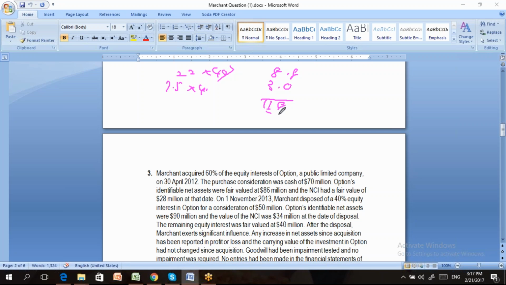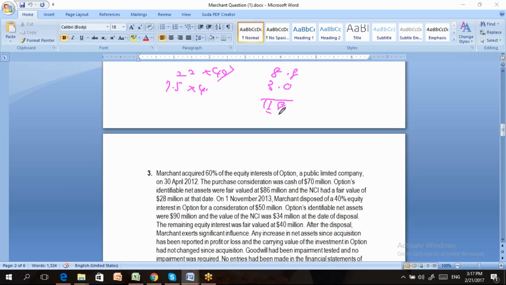We will say owners of the parent 60.2, and remember, in the presentation we put that on top: owners of the parent 60.2, and non-controlling interest 11.8. That's how we balance the 72.0.